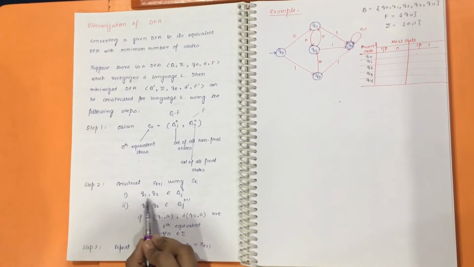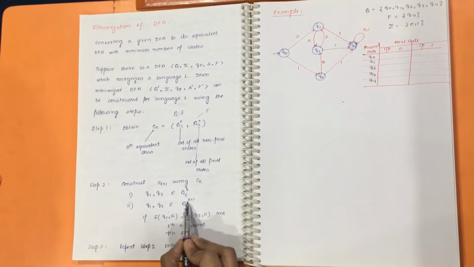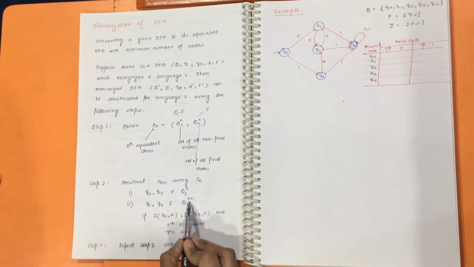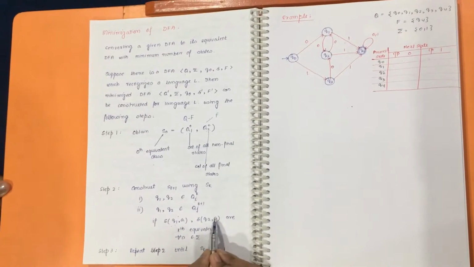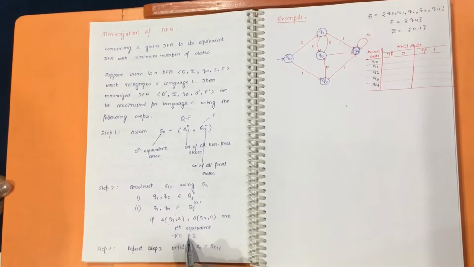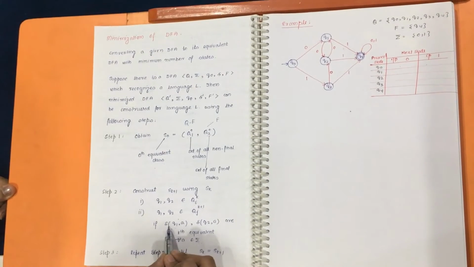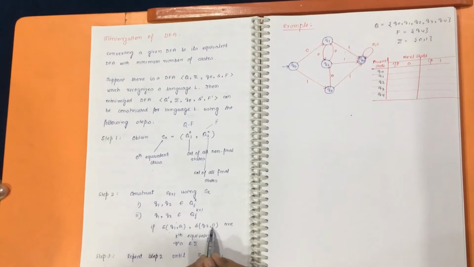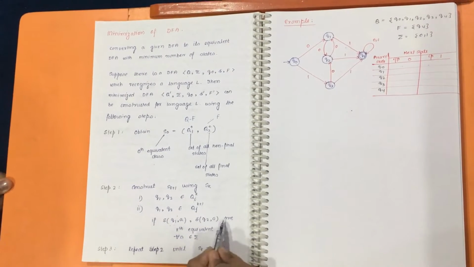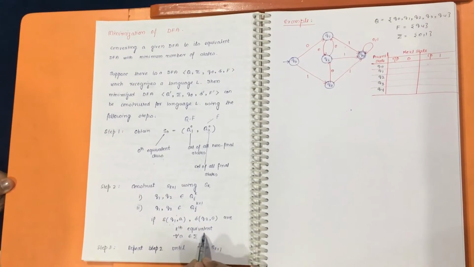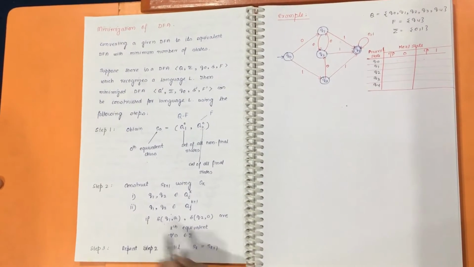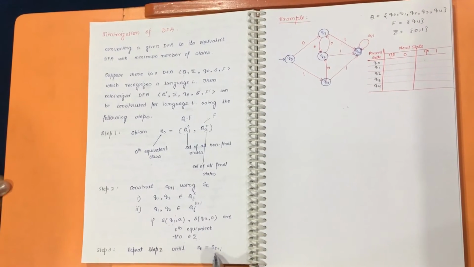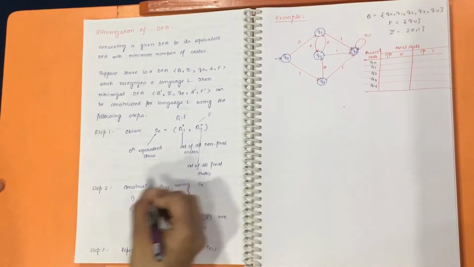Now these 2 states will be in the k plus 1 set also if, when we obtain delta of Q1 A and delta of Q2 A for all A in sigma, the resultant states are kth equivalent. Then we'll say that Q1 and Q2 belong to Qj k plus 1. We'll repeat this step 2 until Sk is equal to Sk plus 1. This step will be more clear in an example.